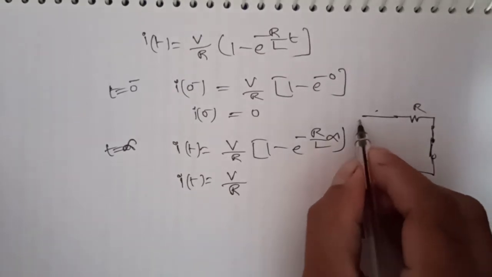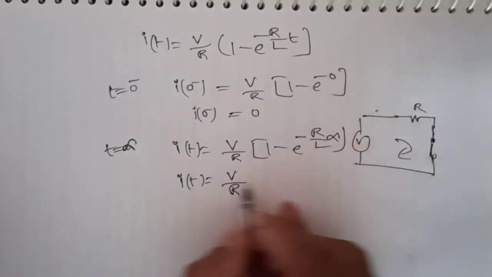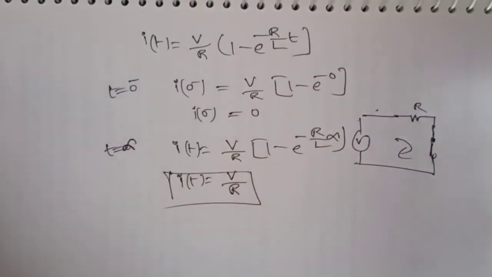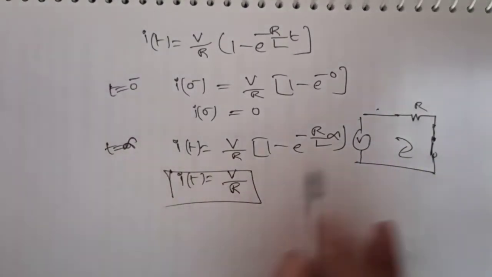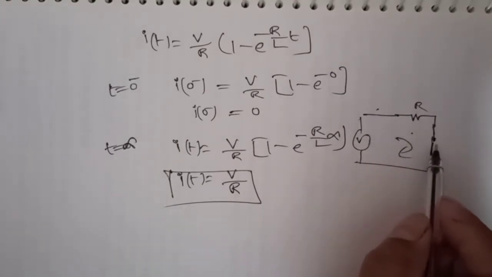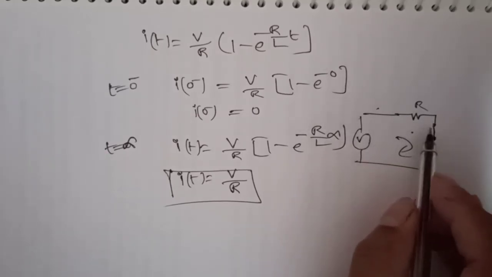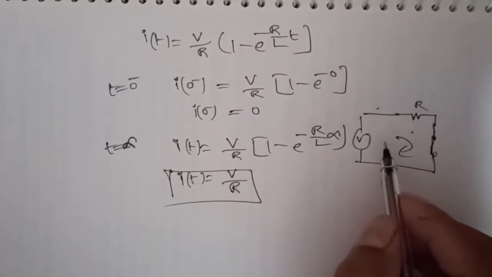If the inductor is a short circuit, for the given voltage the current I equal to V by R. So this is the solution. Mathematically we got I equal to V by R, and theoretically, based on the analysis, at steady state condition the inductor acts as a short circuit. That's why, with the inductor as a short circuit, the current I equal to V by R.